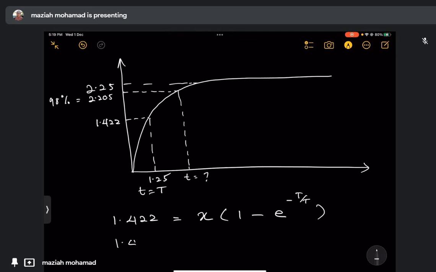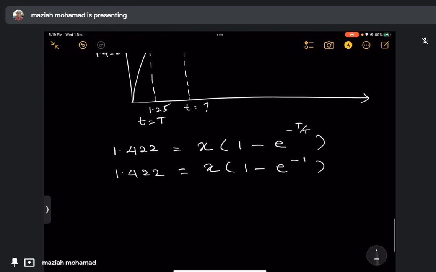Okay, 1.422 equal to x times 1 minus exponent negative 1. Alright, exponent negative 1.